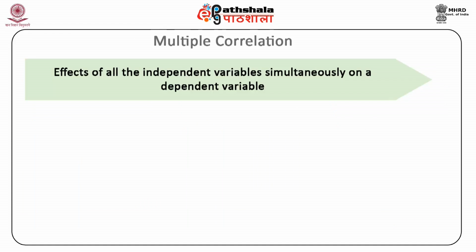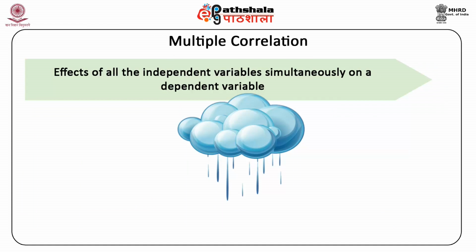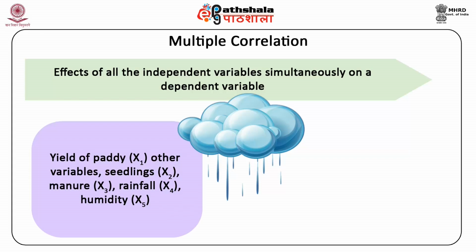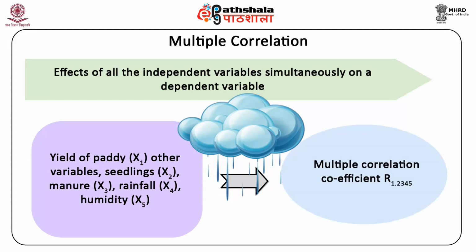Here, we study the effects of all the independent variables simultaneously on a dependent variable. For example, the correlation coefficient between the yield of paddy x1 and other variables, namely type of seedlings x2, manure x3, rainfall x4, humidity x5, is the multiple correlation coefficient R1.2345.